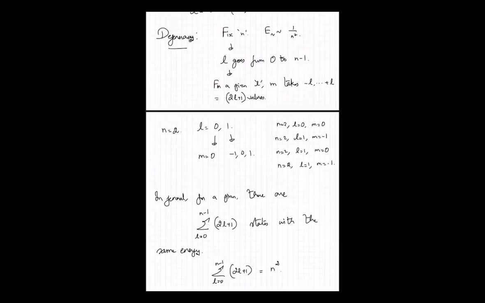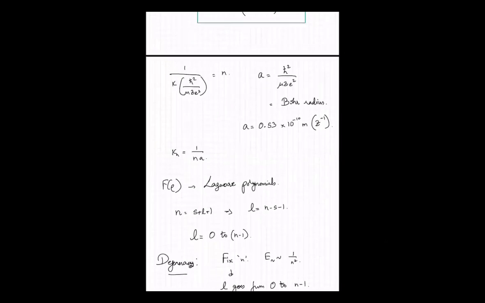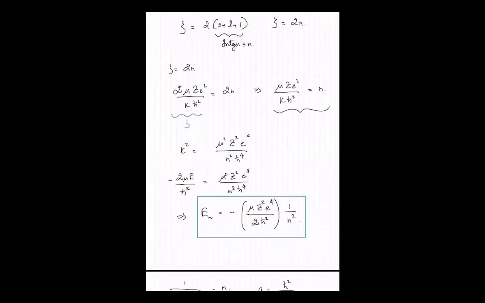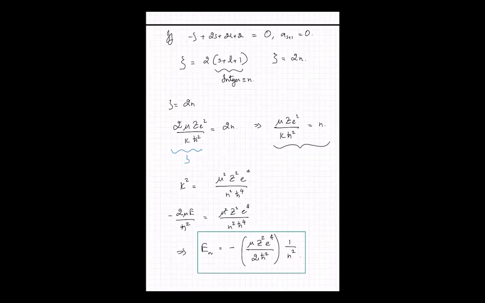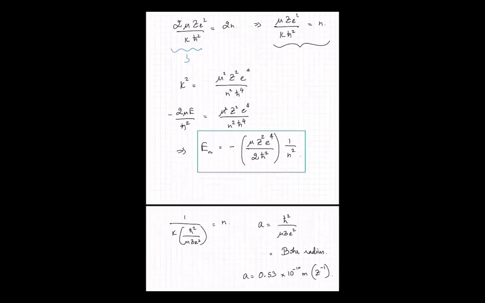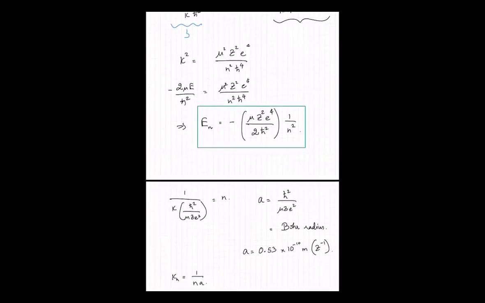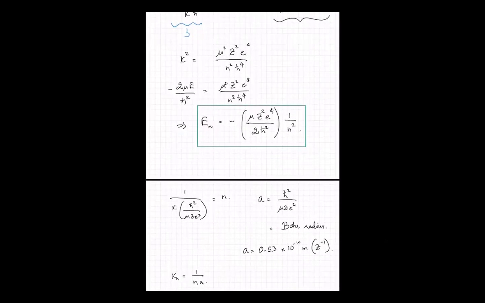The termination of the series necessarily fixes some function of energy to be an integer, which you can then turn around and derive a value of the bound state energies. And you find that in this particular problem, the bound state energies go like 1 over n squared.